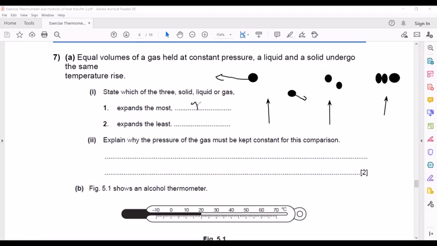That's why the gases expand the most and the solid expands the least. And why must the pressure of the gas be kept constant for a fair comparison? Because the volume of the gas is affected by temperature, and the volume of the gas is also affected by pressure. But we are finding the effect of temperature on the volume. That's why the pressure must be kept constant.